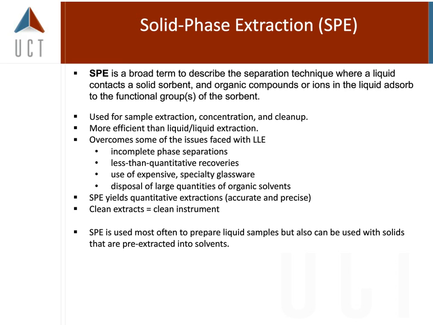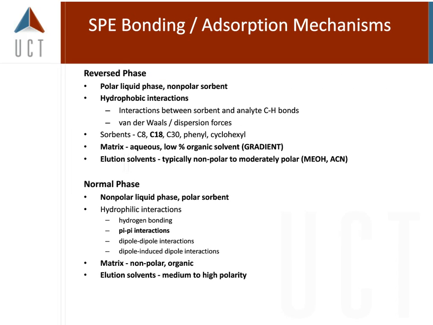So really, what you have to do is choose your phase and then look at optimizing your instrument, because you may have 40 compounds that you're trying to extract, and if a few of them have low recovery, that doesn't mean that you can't optimize your instrument for those compounds to still use that solid phase extraction. So what I found is that every compound doesn't extract 100% efficiently on any particular column.